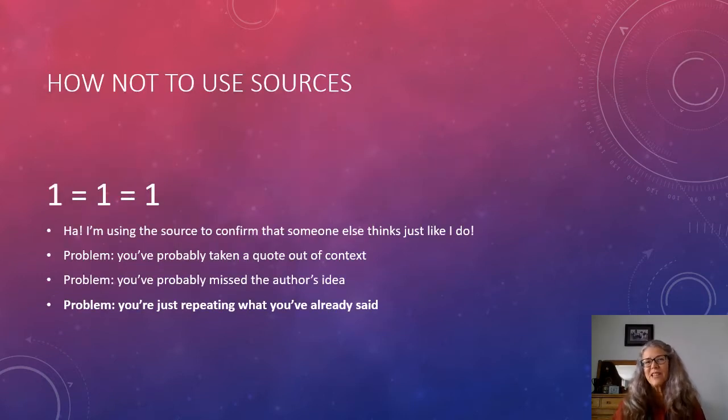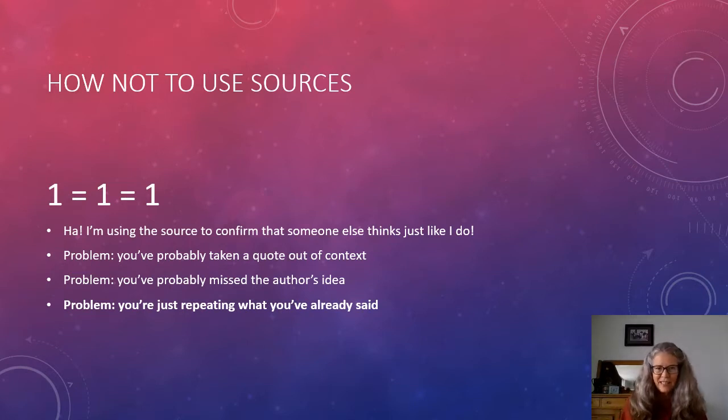Using sources, and especially quotations, is one of the weakest points in many students' work. That's in part because we are all too prone to use other people's ideas and what they think just to underline the fact that we think we're right. We use them as repetition to show, hey, look, I'm right.